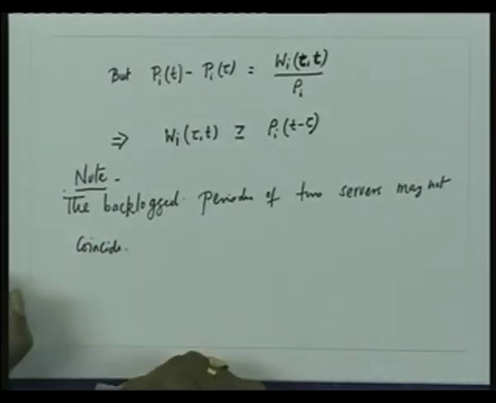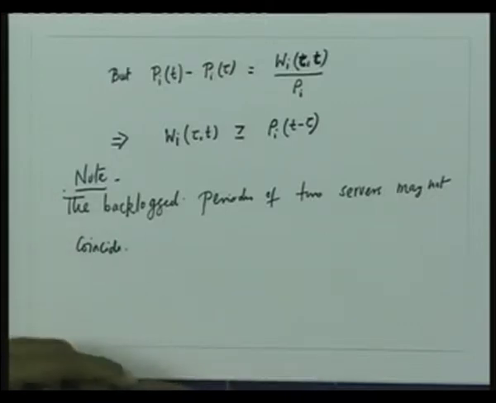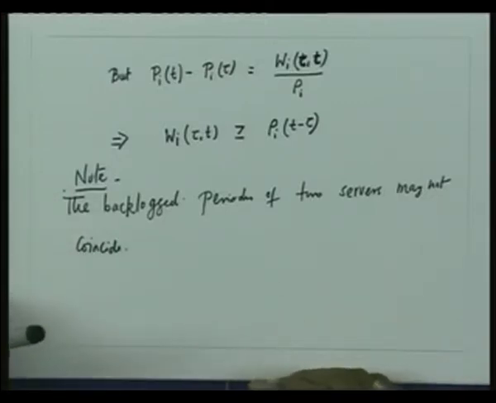Why? Because in the GPS server, that is in the fluid flow fair queuing server, if a session is backlogged, then it will always receive its service, and the system potential, or as it is called, system virtual time in the GPS server, will increase in proportion to the normalized service received by the backlogged sessions.